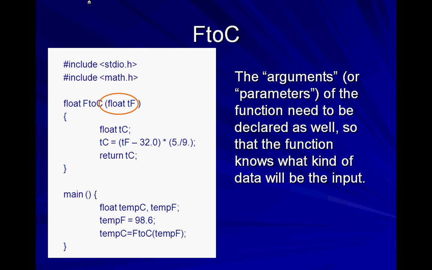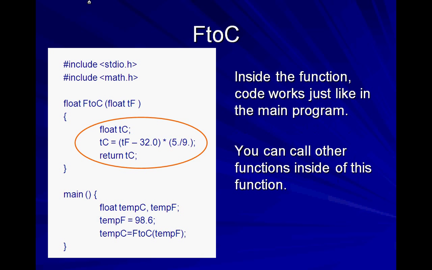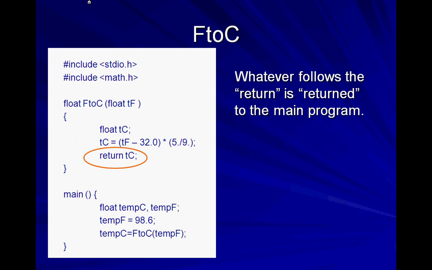So that value of tempF, 98.6, is going to be passed to the FtoC function. And inside of there, calculations will happen on that variable called tc, and then we'll return tc, whatever 98.6 Fahrenheit is in Celsius. FtoC of tempF will then be replaced by that value. It'll have been returned. tempC is equal to that.